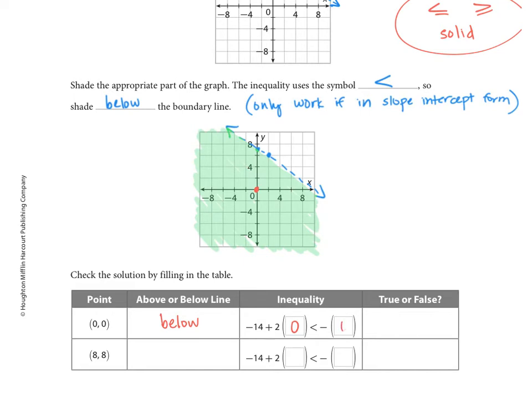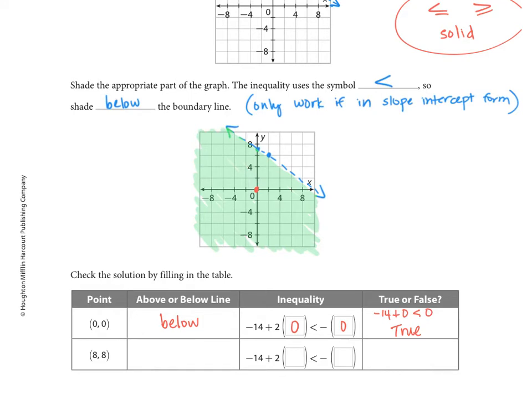For x and y, I'm going to plug in 0 for both. They don't give us enough space here, so in that little box I'll write negative 14 plus 2 times 0 is negative 14. Is that less than 0? Yeah, negative 14 is less than 0. That's true, so 0, 0 is a solution to this inequality.